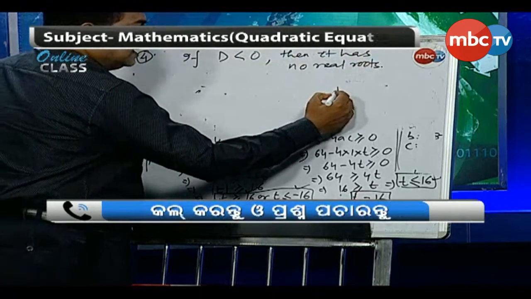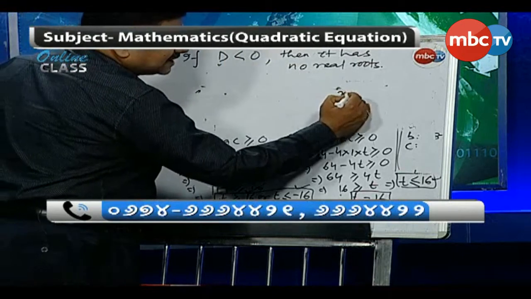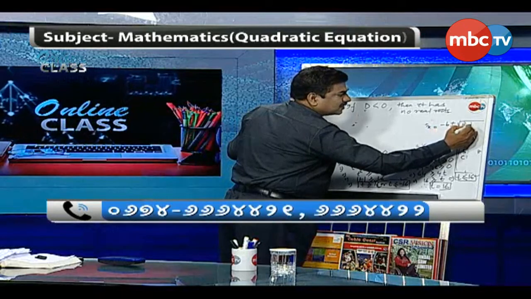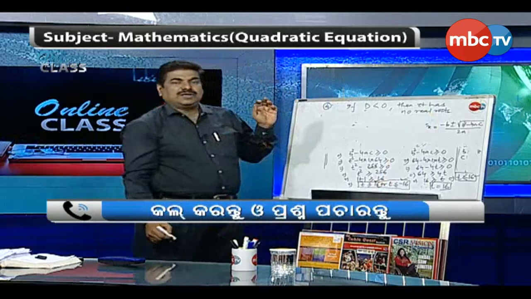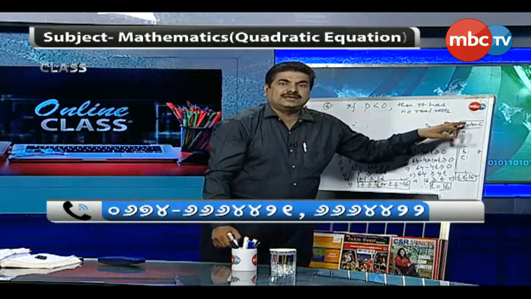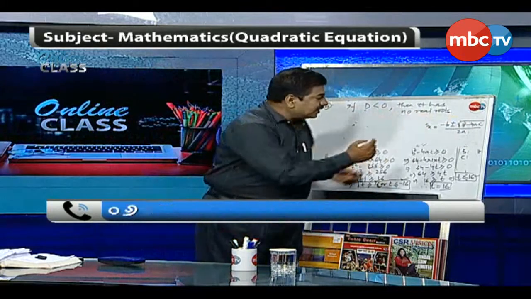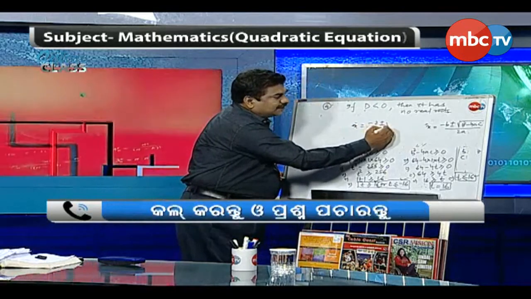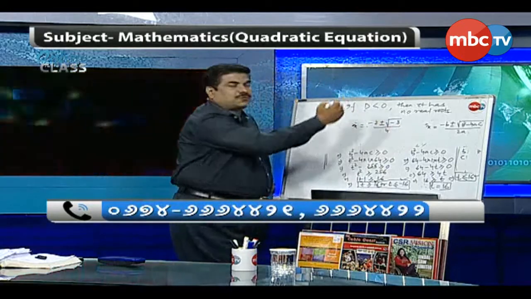Here you see, we know that the value of x is equal to minus b plus or minus square root of b square minus 4ac, divided by 2a, dear. That means if the value of D is less than 0, that is a negative value, for example x equals minus 2 plus or minus square root of minus 3, divided by, suppose, 4.